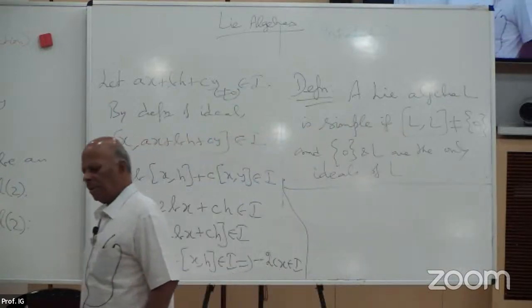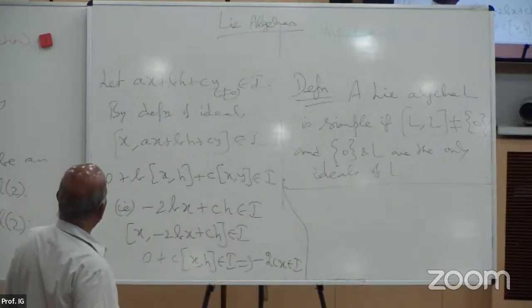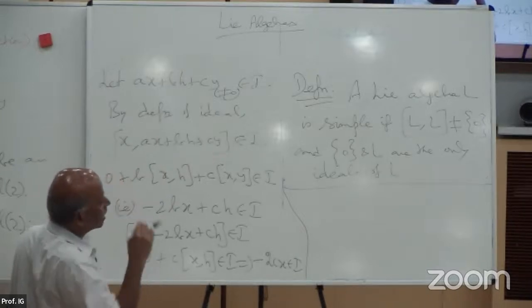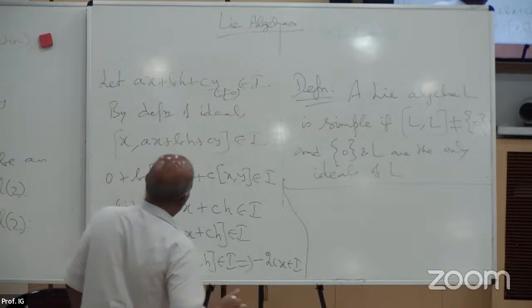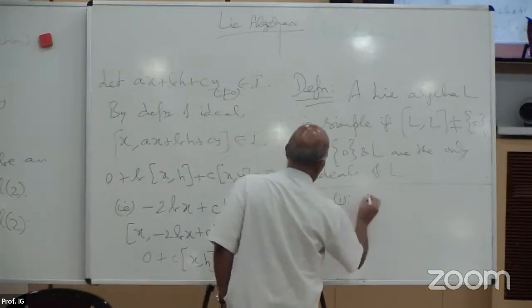So twice we have applied x, and we managed to get rid of the coefficients a and b, and we have got minus 2cx belongs to I. So first case, c not equal to 0.